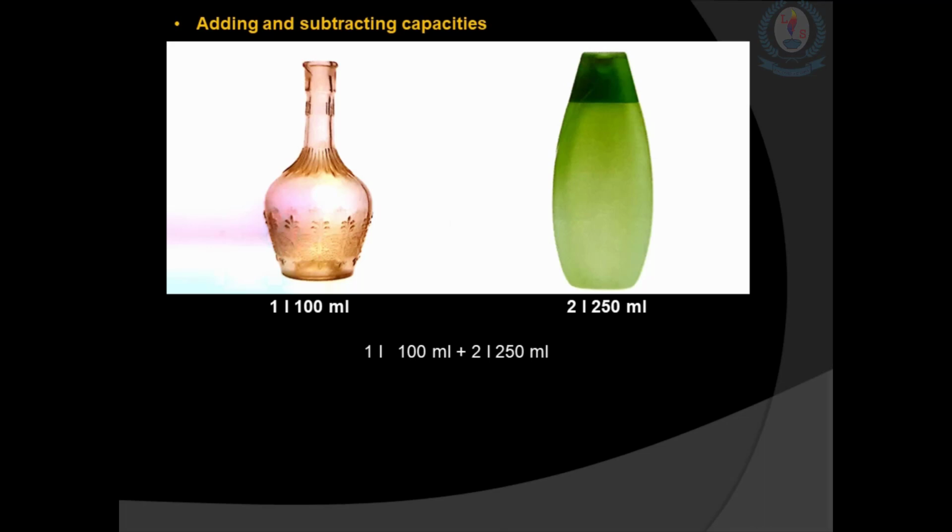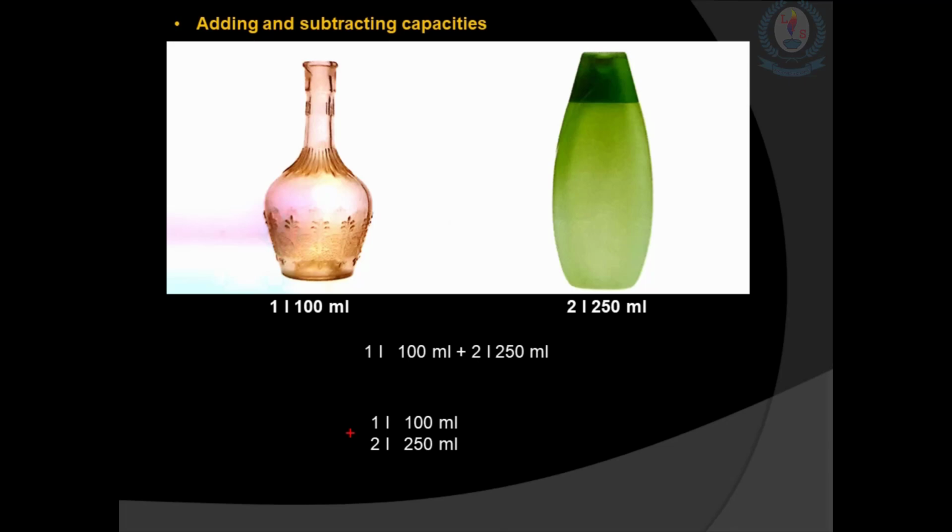Let's write the addition sentence like this. 1 liter, 100 milliliters plus 2 liters, 250 milliliters. But adding in this horizontal way is a little bit difficult for us. So, let's write the addition sentence in the vertical way, from up to down, like this.